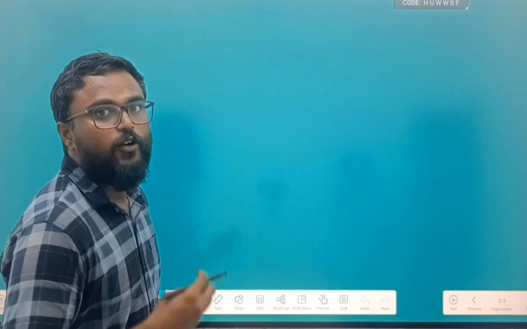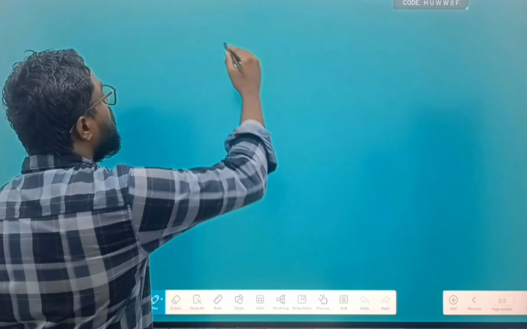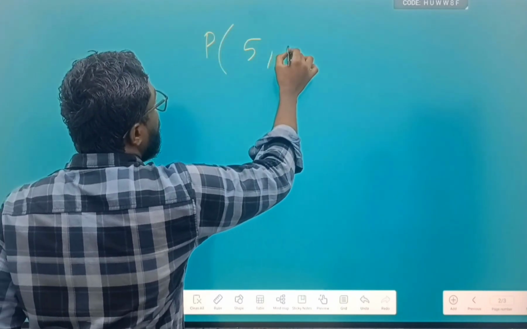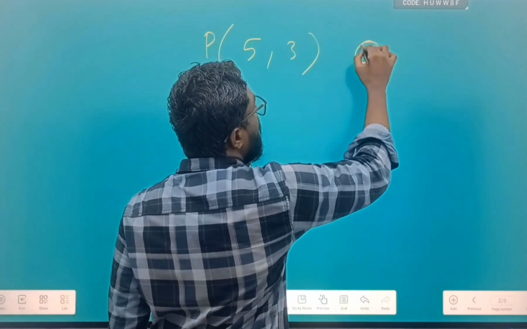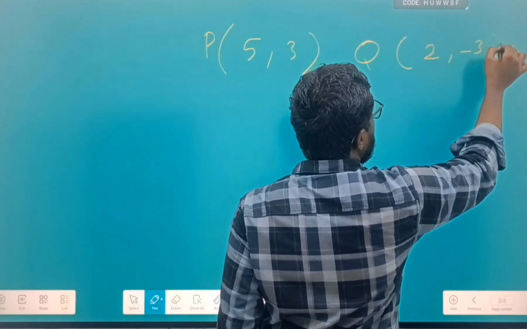Now let's say the question says find the midpoint of the line joining the two coordinate points P, which is 5, 3, and Q, which is 2, -3.